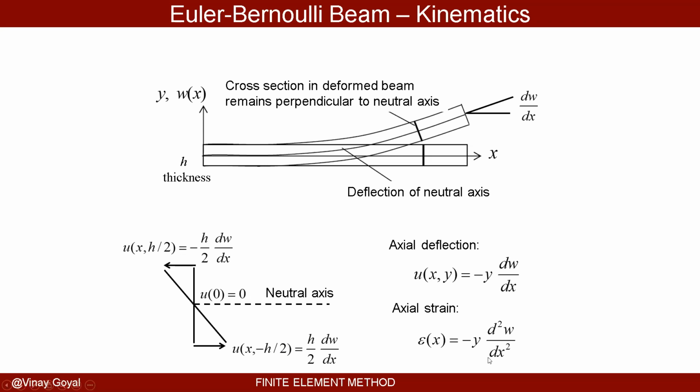The axial strain is really the derivative of u with respect to x. Since I have this expression, I can take the derivative very easily, and I get minus y times the curvature term. This term represents the curvature of the beam. Now notice how this strain depends on y explicitly, but depends on w, which is a function of x.